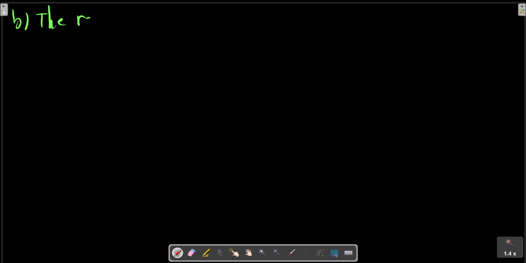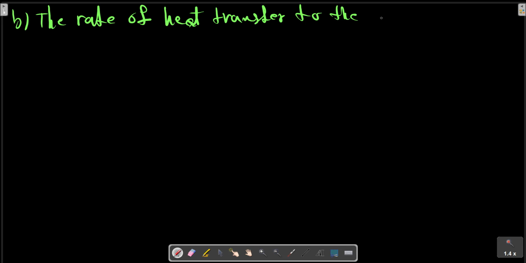Part B is the rate of heat transfer to the evaporator. The rate of heat transfer to the evaporator should be considered between points 4 and 1 in this picture.